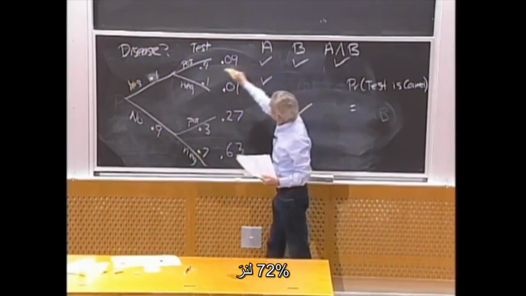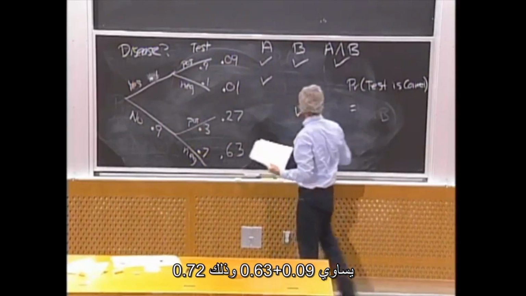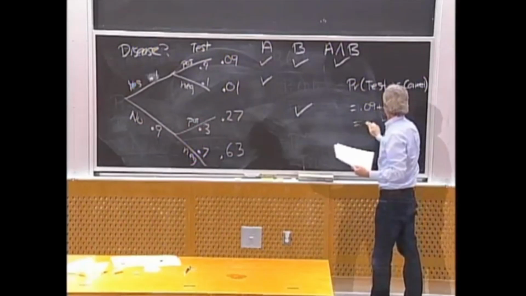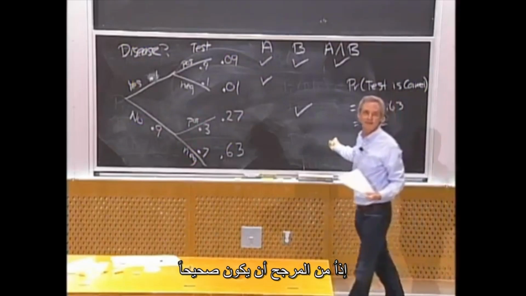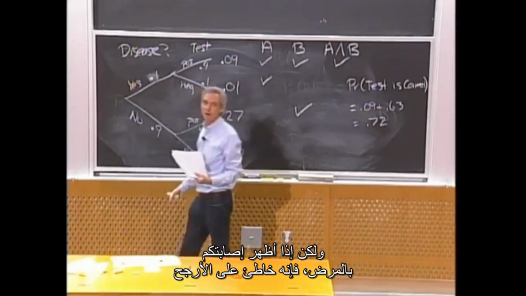Let's see. So it would be 0.09 plus 0.63, which is 72%. So it's likely to be right. But if it tells you you have the disease, it's likely to be wrong.